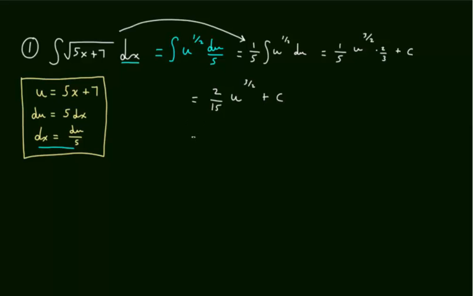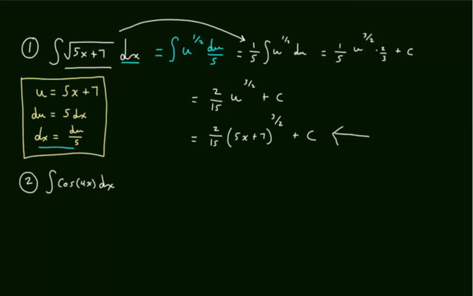Now I will finish the problem by putting it back in terms of x. So it's 2/15 u, which is really 5x plus 7, to the 3/2 power plus c. Now remember, if I ever want to check to see if this is the correct antiderivative, I'll just simply take the derivative of this final result to make sure that I get the integrand.